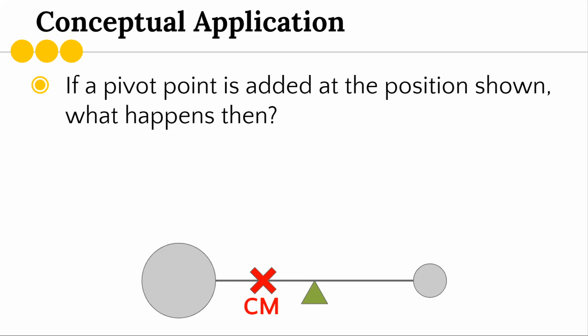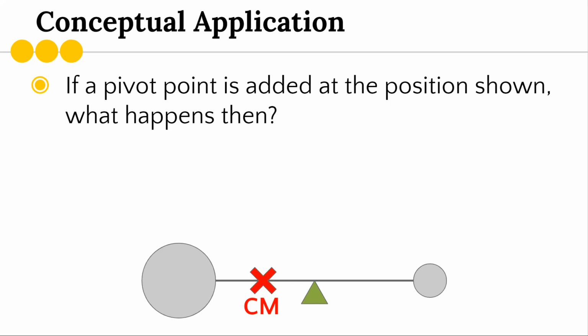Okay, what if I were to place a pivot point like my finger at the 50 centimeter mark, but with the meter stick that looks like that? What's going to happen if you were to put a pivot point underneath it when your mass isn't evenly distributed? Yeah, it's going to rotate.